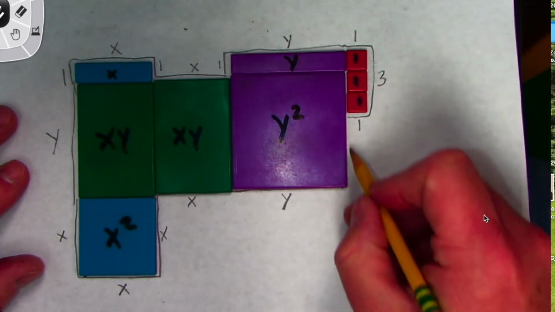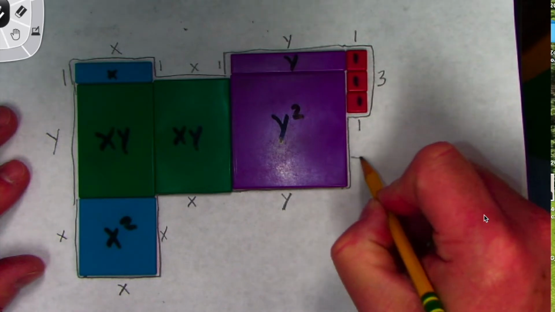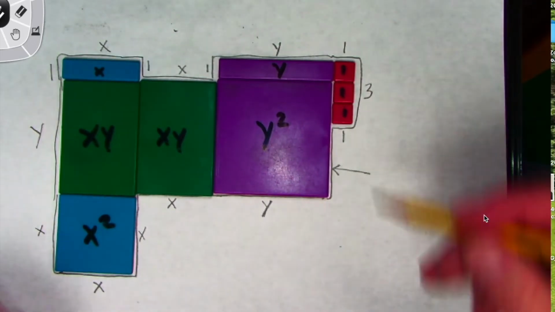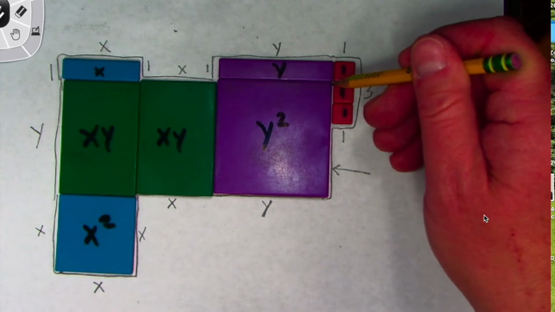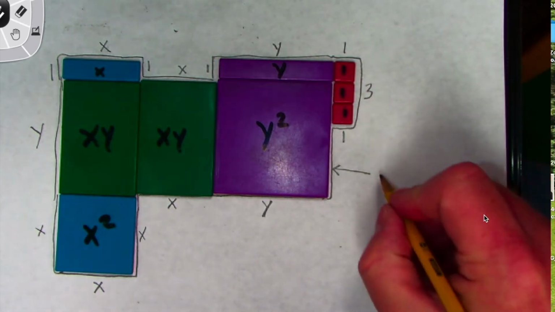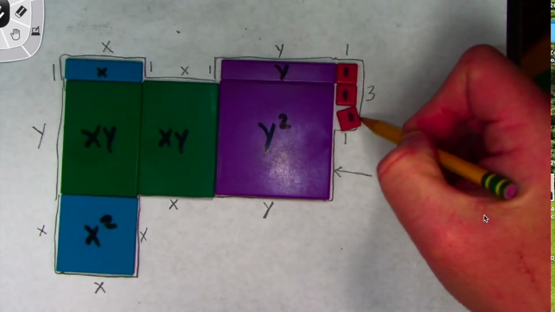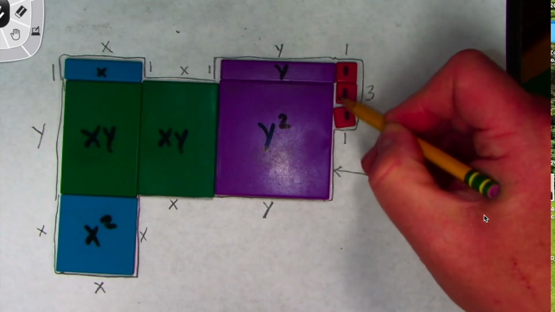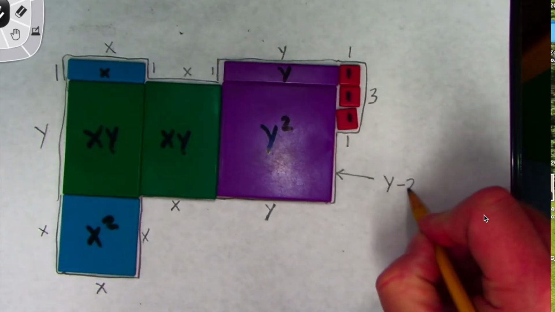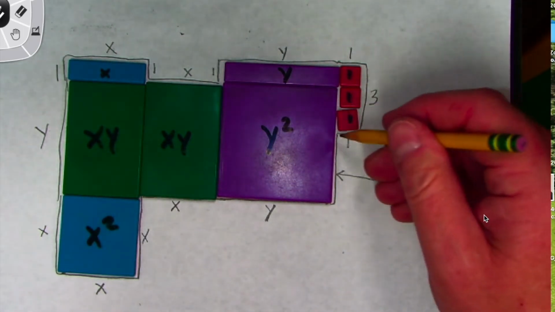We've got this y. The only trick is what this length right here is called. We know that this length from here to here is y, but it is covered up by these 2. So y minus 2 is going to be this length right here.